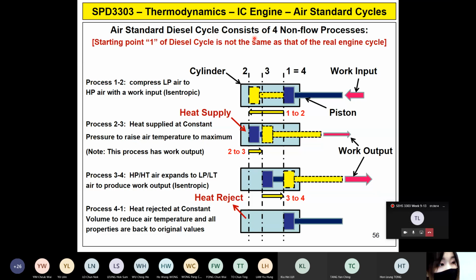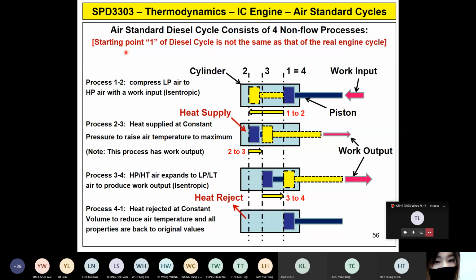That's our top concern, right? Because it is not true, it is an air-standard cycle. It is an ideal model, so you should keep that in your mind.